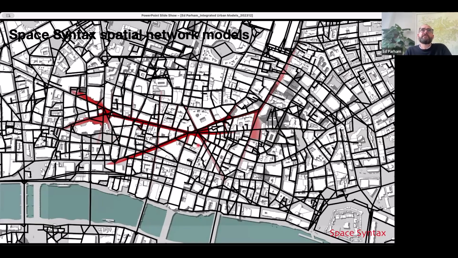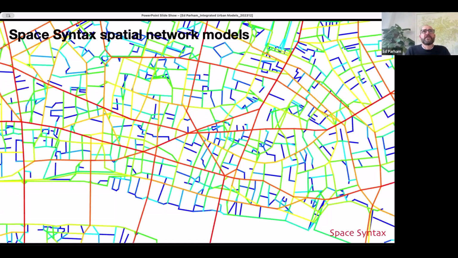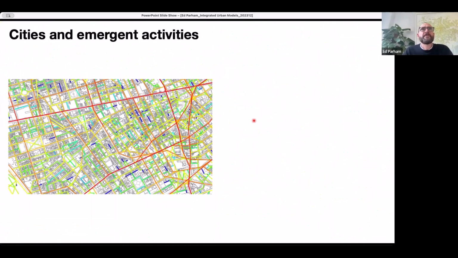If we can represent the spaces in a city, we can analyze them from the perspective of a person. So how well connected is each of these streets on the basis of how easily you can see in and out of them? Then that can start to explain a whole series of hierarchies within the city.